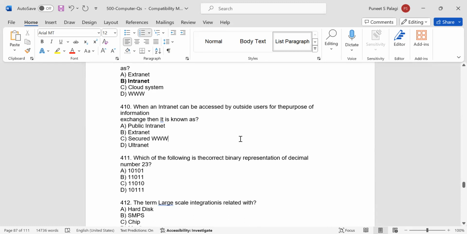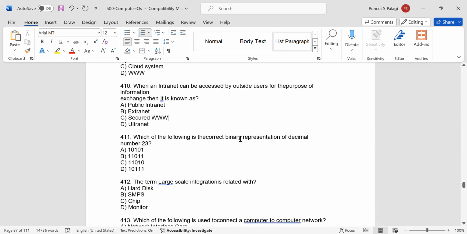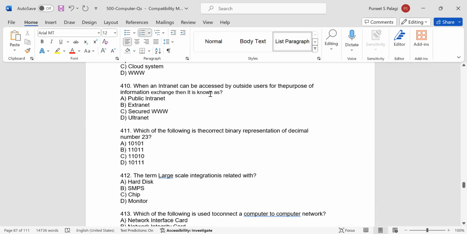When an intranet can be accessed by outside users for the purpose of information exchange, then it is known as public intranet, extranet, secured WWW, ultranet.